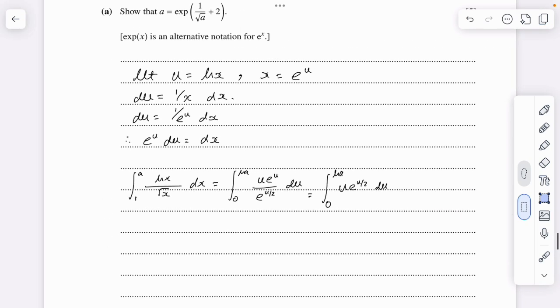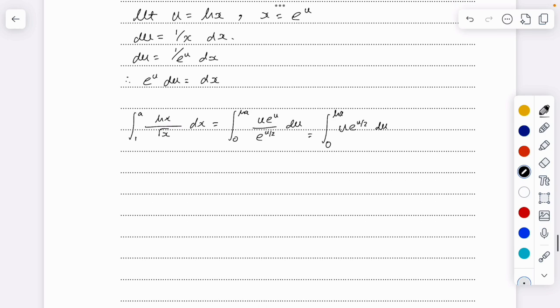Now we can do integration by parts. When we do integration by parts here, I can say let u equal u, and let dv by du equal e to the u over 2.